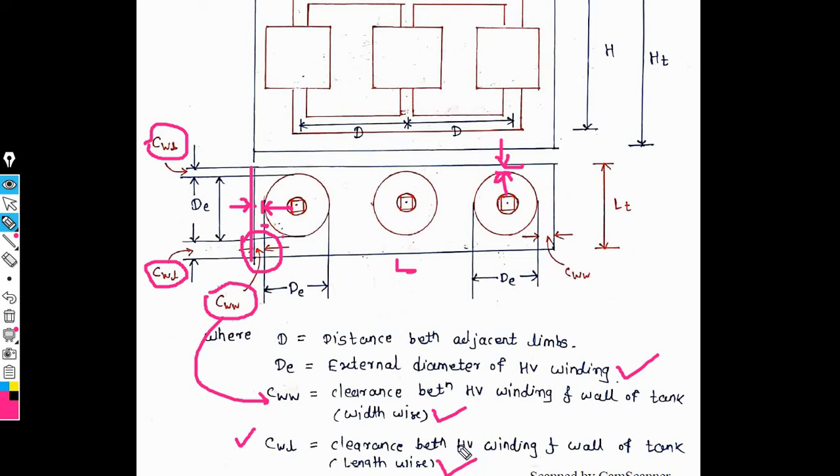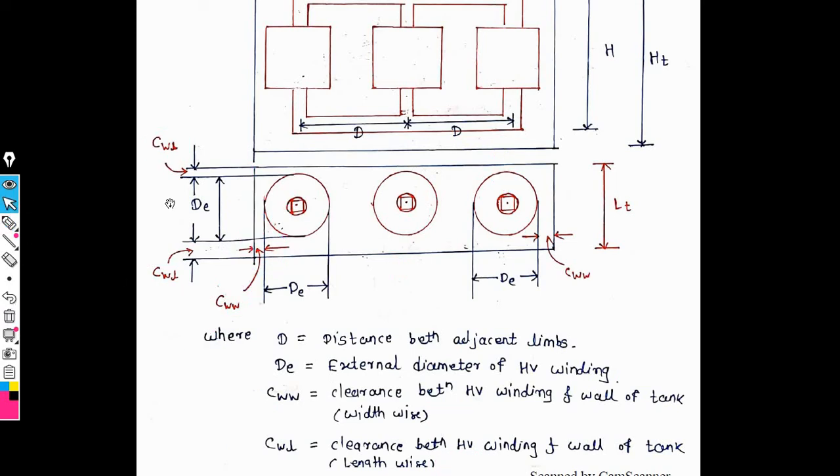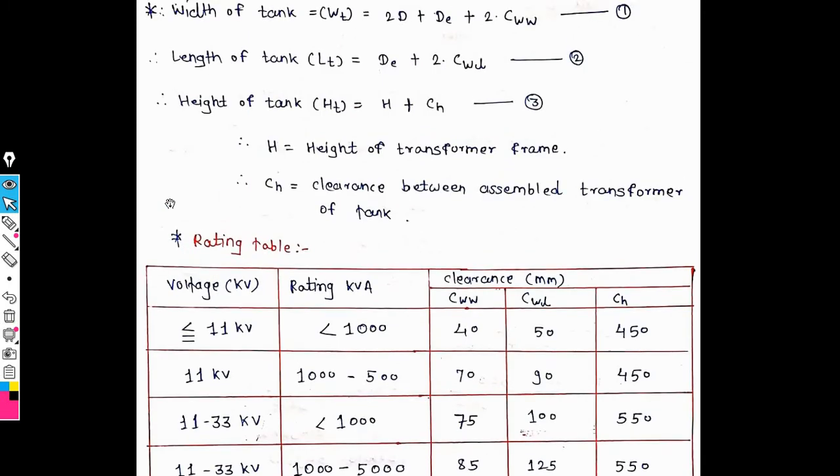Now these are the dimensions of the transformer tank, and we also need important formulas, which are standard formulas. Width of tank, WT is equal to 2D plus DE plus 2 into CWW.